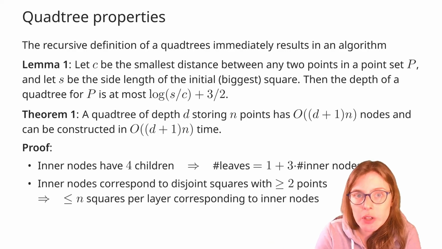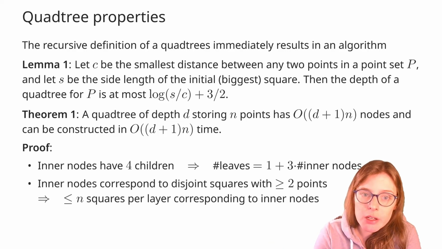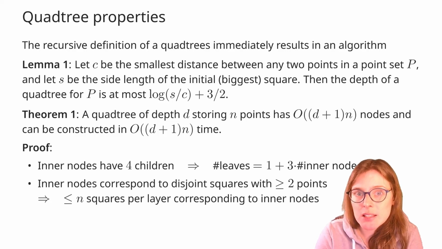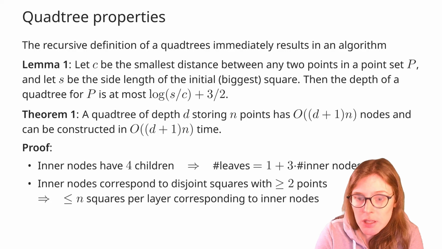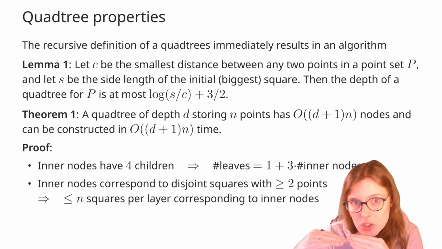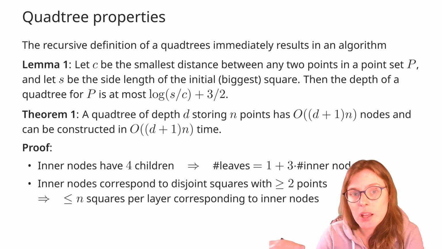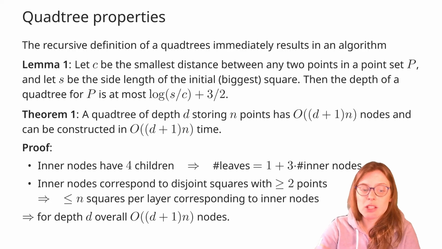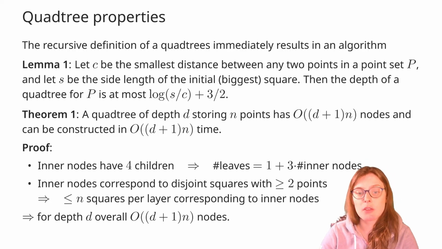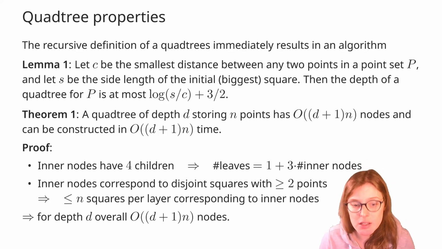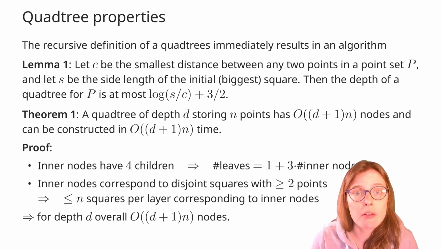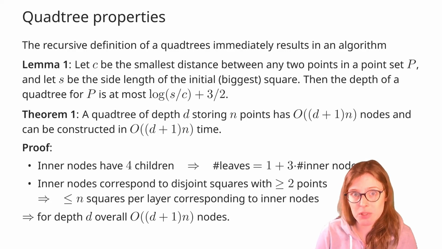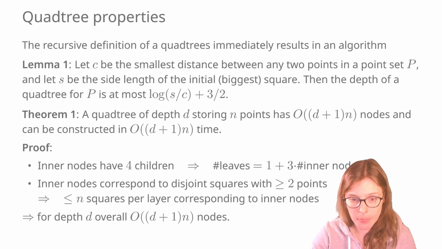And because all inner nodes correspond to squares that needed to be split, meaning those squares contained at least 2 points each, then at each level of the tree, we can have at most n squares corresponding to inner nodes. From these two observations, we can conclude that if d is the depth of the resulting quadtree, then we will have the order of d plus 1 times n nodes in total.